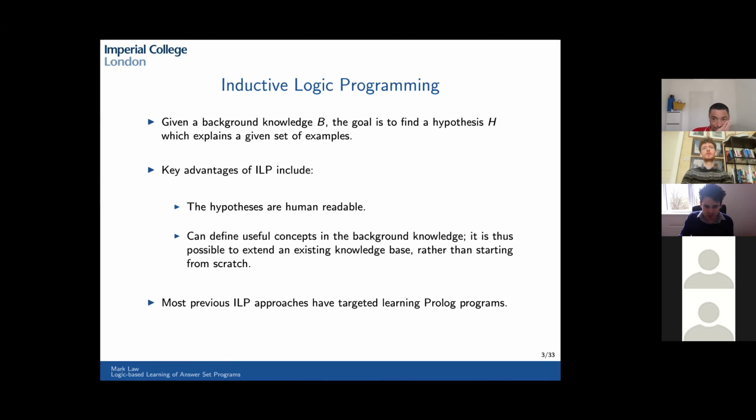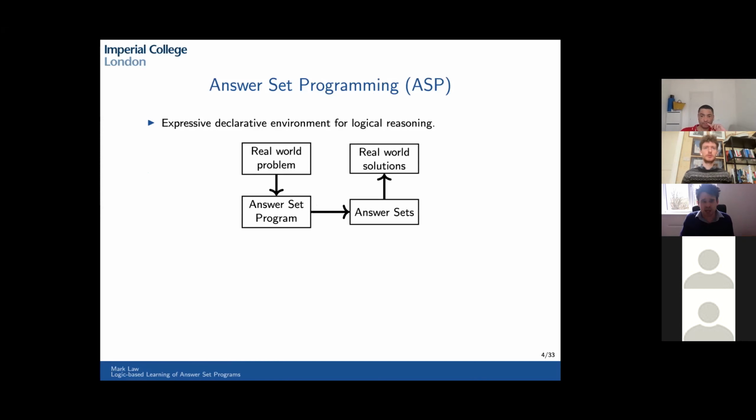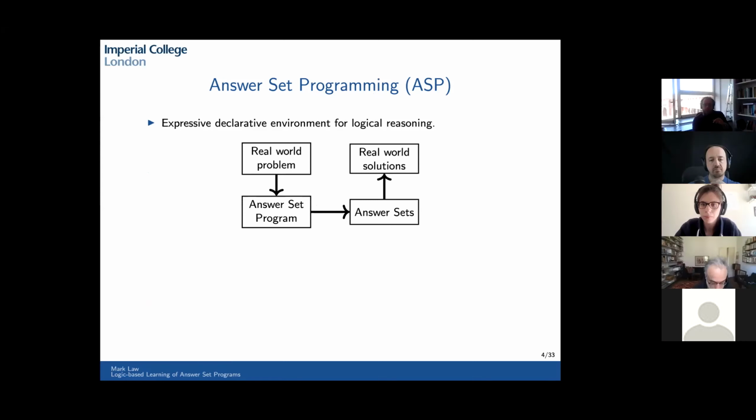If you have come across ILP in the past, it's likely that you've seen systems that target learning Prolog programs. So as I'm sure most of you are aware, there are different forms of logic programming. In particular, in this talk, I'm going to focus on answer set programming. So if you haven't come across it in the past, it's a very expressive declarative formalism for logical reasoning.